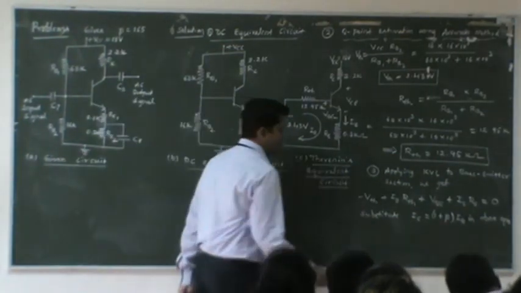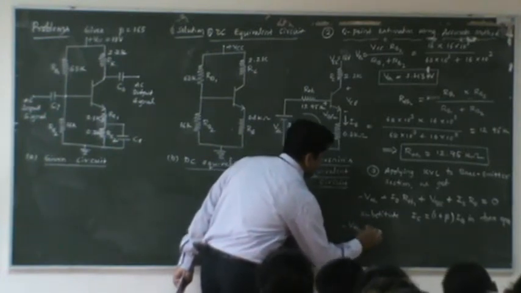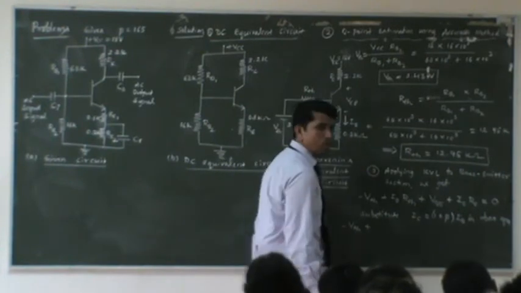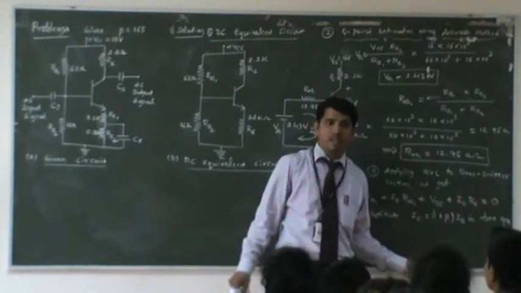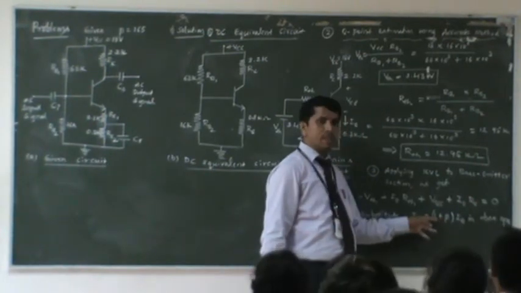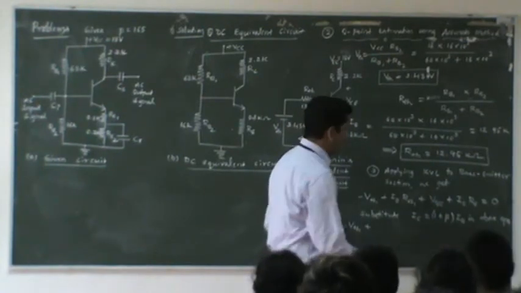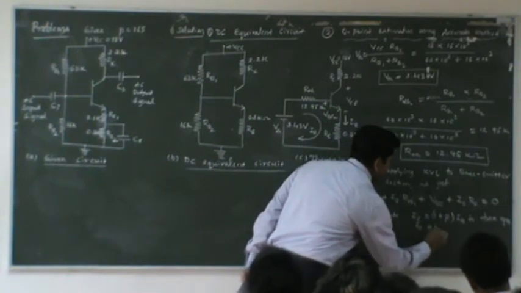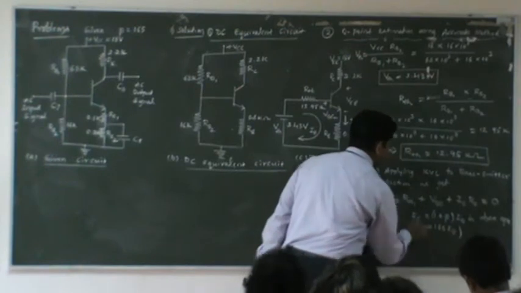Here beta is anyway given as 165. 165 plus 1 is 166 times IB. Okay, that will be convenient, right? Substitute IE as 166 times IB in the above equation.